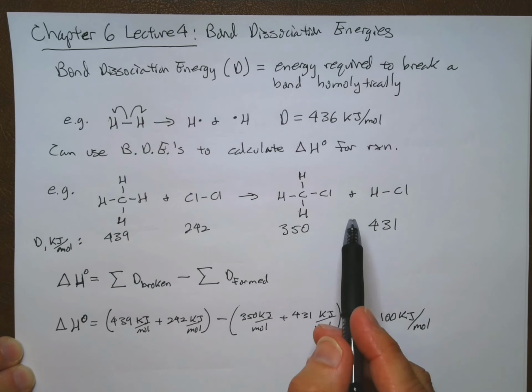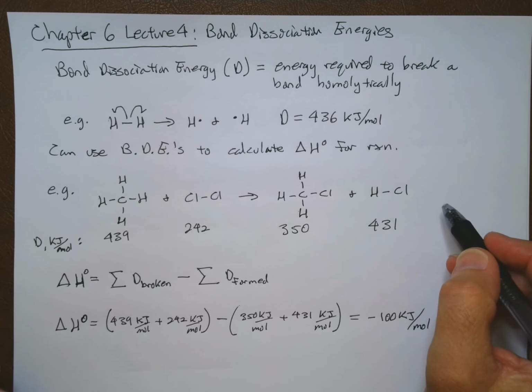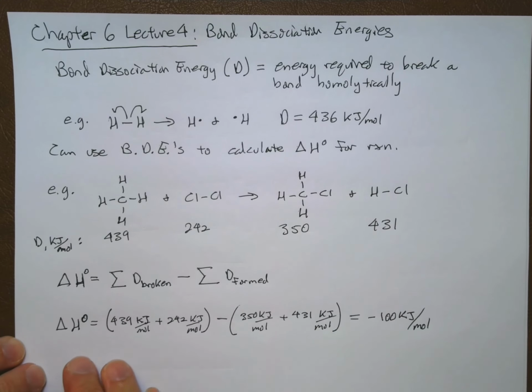I don't have a change in my moles of gas, so my delta S is probably going to be really close to 0. Same disorder on both sides, which means my delta G naught is going to be close to delta H naught. So this is actually a pretty reasonable stand-in for the delta G naught of the reaction, and we could calculate the equilibrium from this as well.